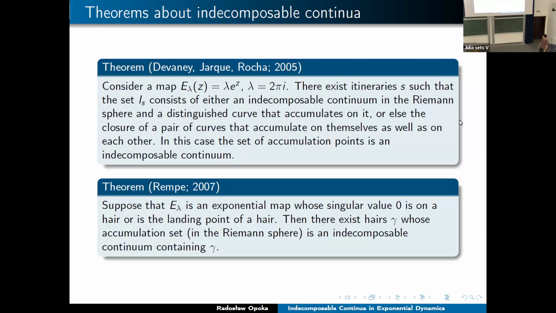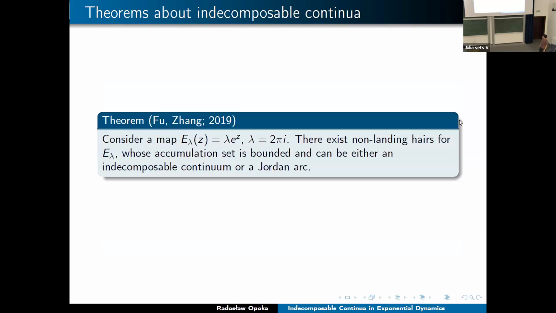And the last theorem is the newest one by Fu Chang. Again, lambda equals 2 pi i. And now there exist non-landing hairs. Non-landing means that this is not the case where the accumulation set is bounded by this accumulation, but this accumulation set is either an indecomposable continuum or a Jordan arc.